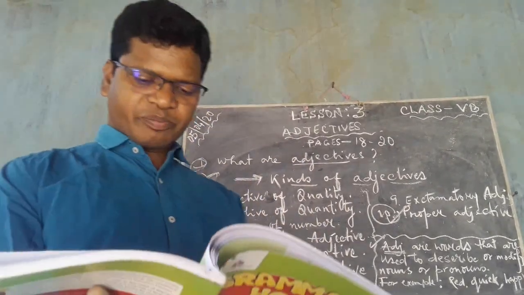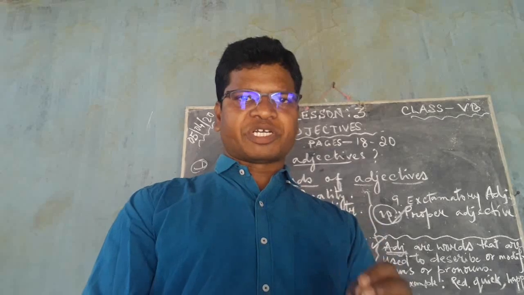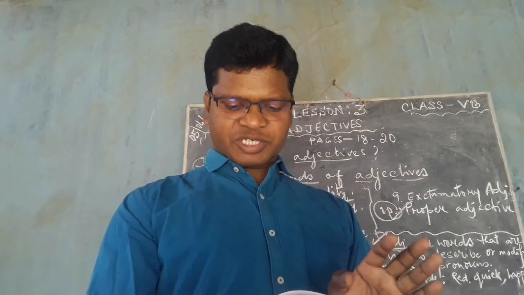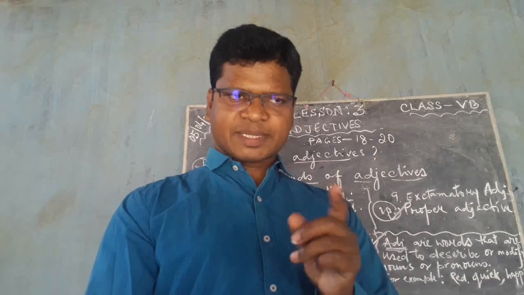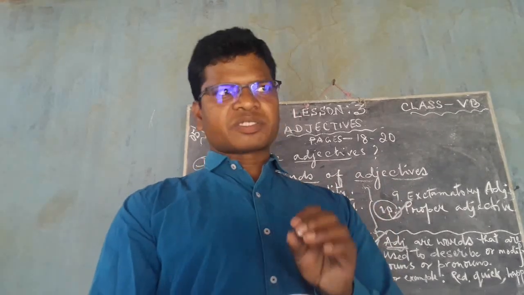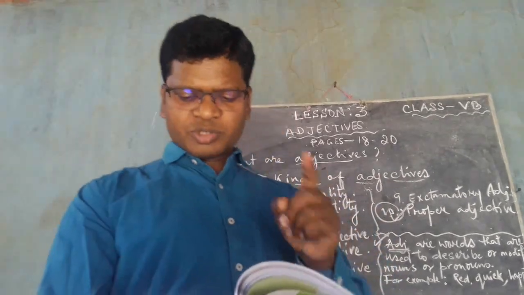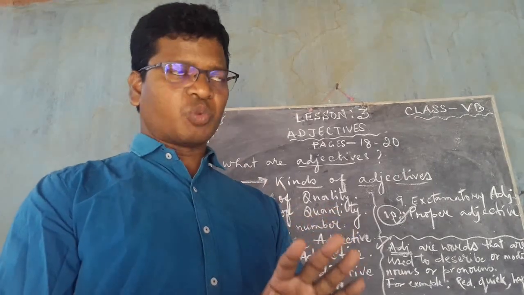Let's move to question number B. Complete this passage using suitable adjectives. You have to write the appropriate adjectives here. Let us see the first one. The small boy. You can write something else also, it doesn't matter at all. You can write anything that you want.